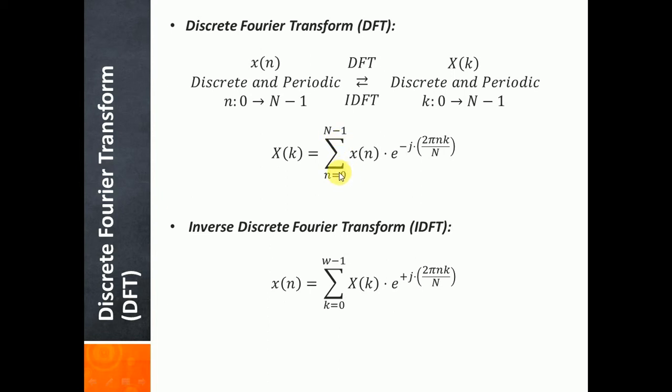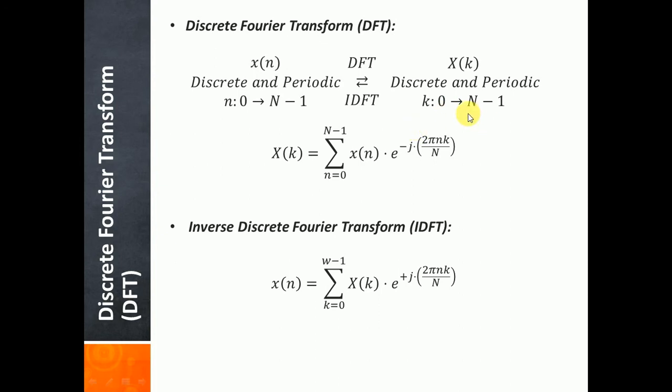And then what you're going to do is you take this summation and what you get is a discrete and periodic transformation in frequency domain where the frequency components are shown by k and it also ranges from 0 to N minus 1.